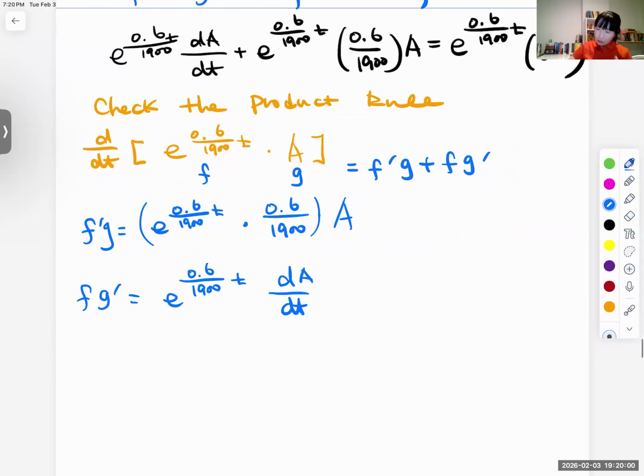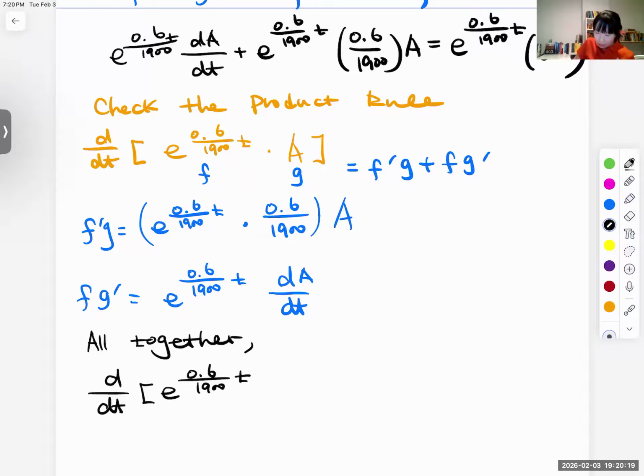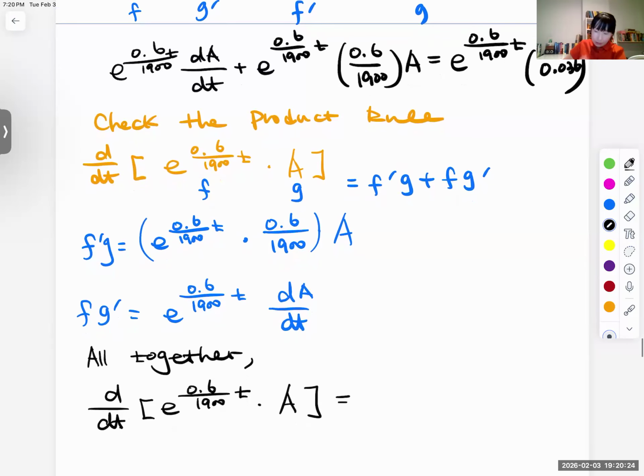So all together will be, we will have the orange one and right hand side, which is e to the 0.6 over 1900 t times 0.036.